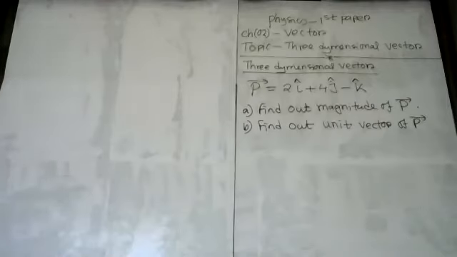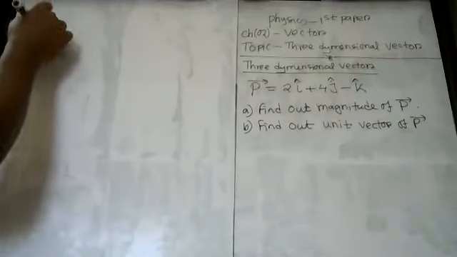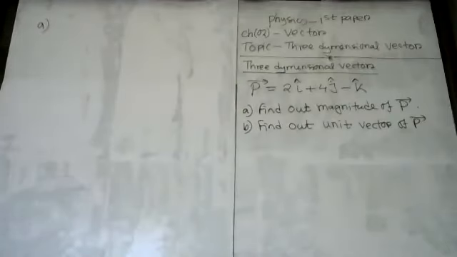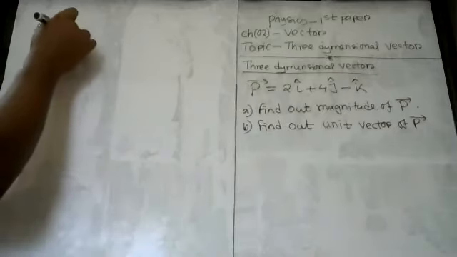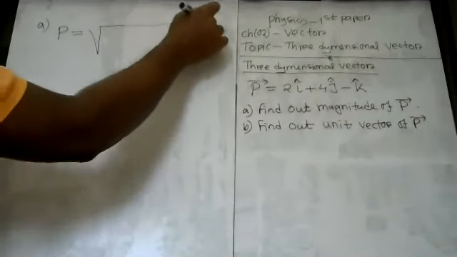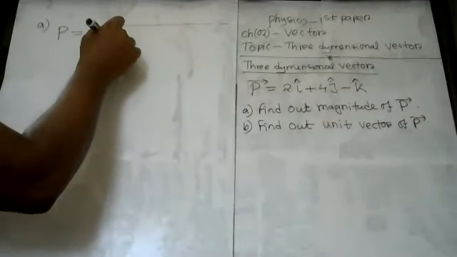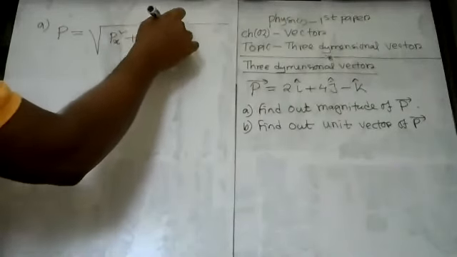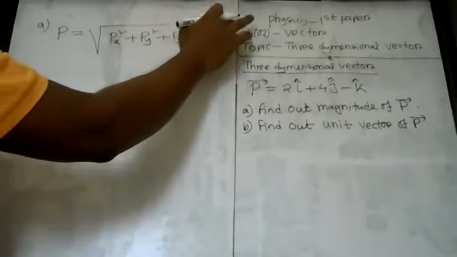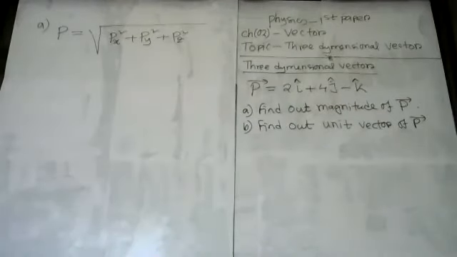So first of all, I want to find out the magnitude of vector P. You know that the magnitude of a 3D vector P will equal to root over px square plus py square plus pz square.